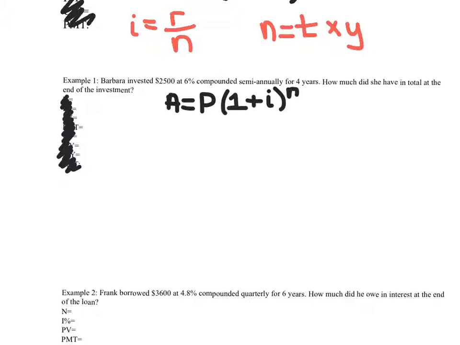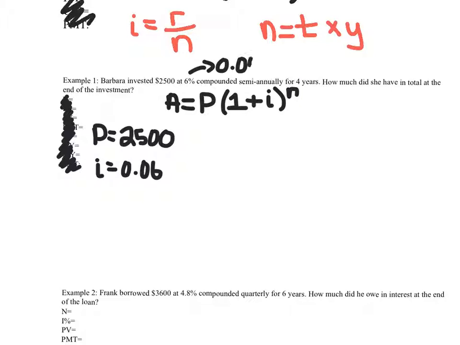So let's talk about what our principal is. Our principal in this equation was the initial value of $2,500. The interest, we have to do a little math, so we put that into a decimal, 0.06.